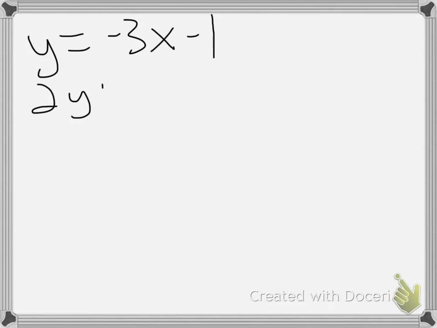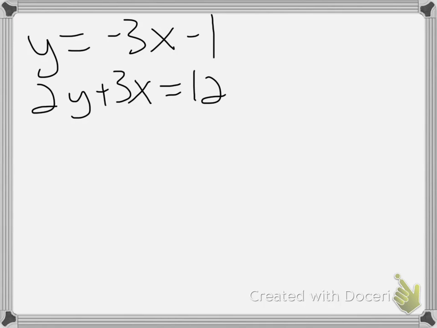Now let's go over the case where the lines are going to cross and we have to do a little bit more work. So y equals negative 3x minus 1, okay? And then 2y plus 3x equals 12. All right, same exact idea.